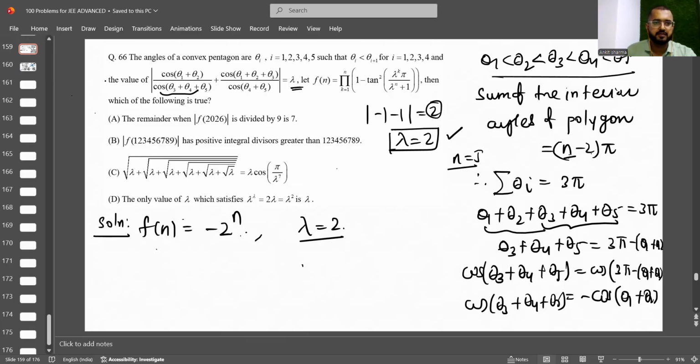So first we'll go ahead with the remainder when f of 2026 is divided by 9. So f of 2026 modulus will give me basically 2 to the power 2026, and we are dividing by 9. So that means we could write here 2 cube, and then this is 2026, right?